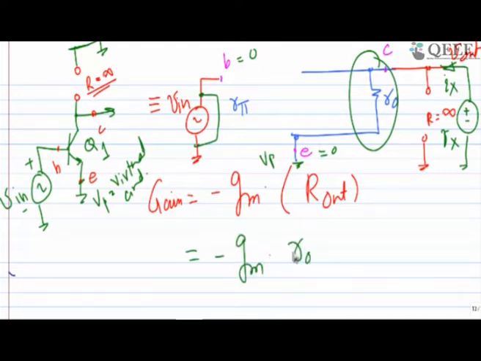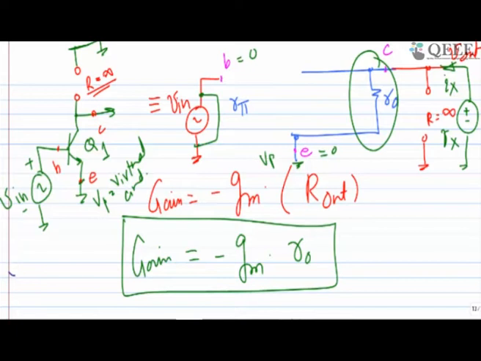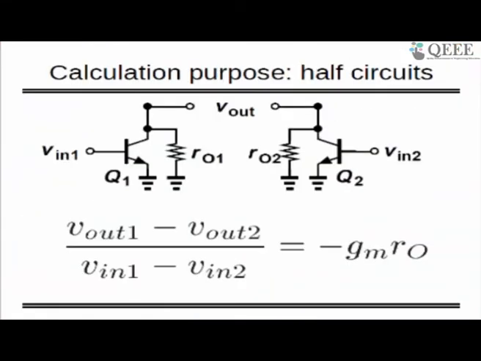That's it, nothing else, if it is in the presence of early effect voltage. And this is what maybe I have drawn here. So the main crux of the story is, if you are taking the half circuit approach, if there are two circuits, and you take Vout1 minus Vout2 divided by Vin1 minus Vin2, the whole gain will be minus gm times R out.